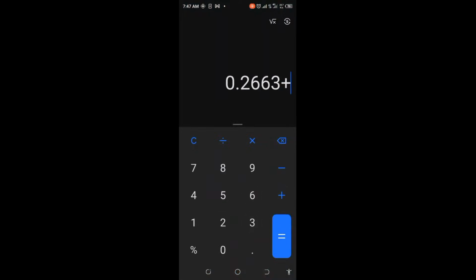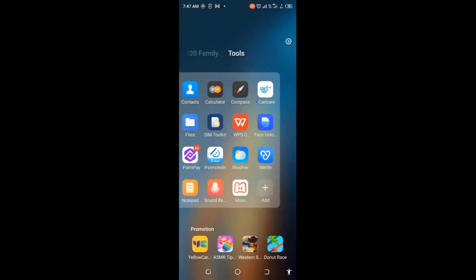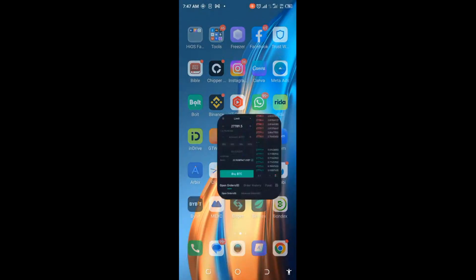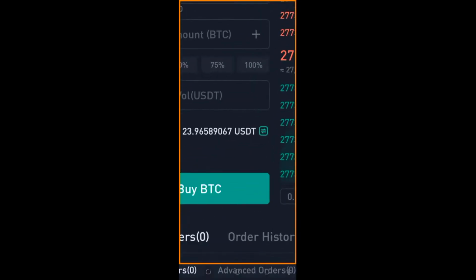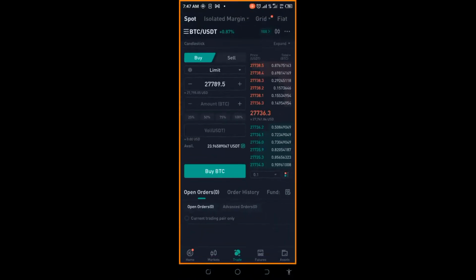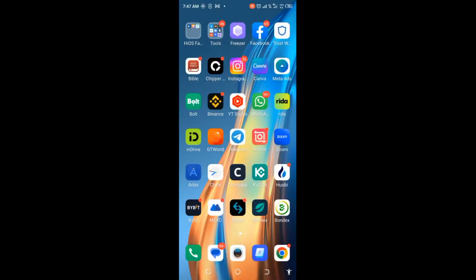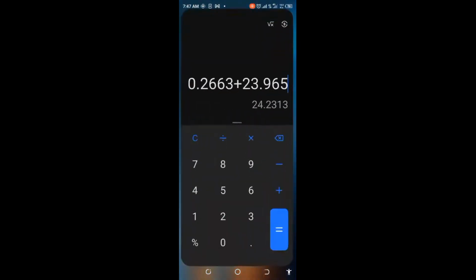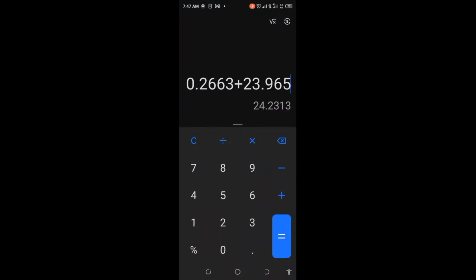Then we add that to our 23.9658. What was that? Let me go and check so that we don't put values that are not right. Okay, 9658. I'll just take four figures after that. So 9658. All right.